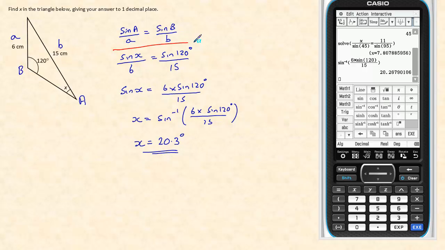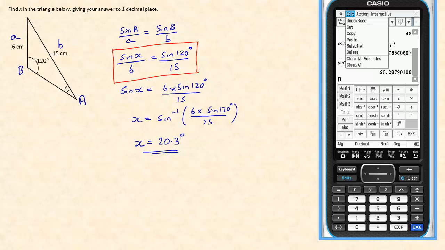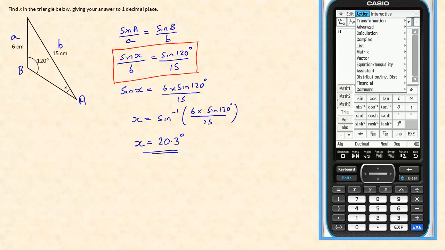Now, note what happens if we try to solve at this point here. So I'm just going to clear a bit of space so we can see this. So we want to solve, and then we've got sine of x divided by 6.